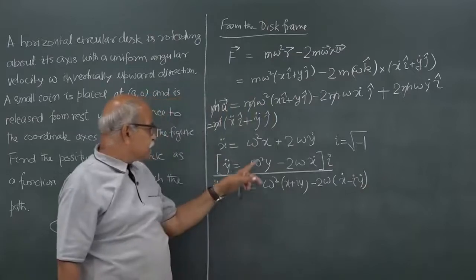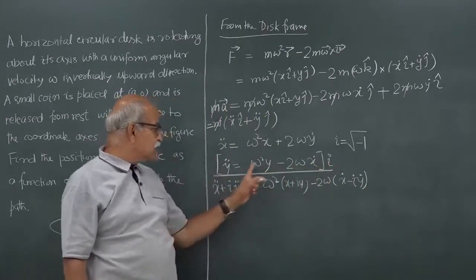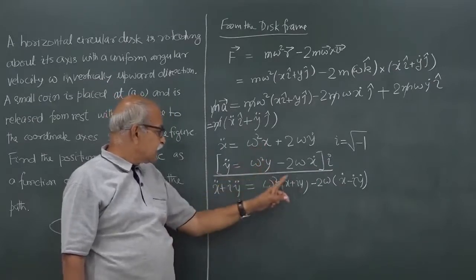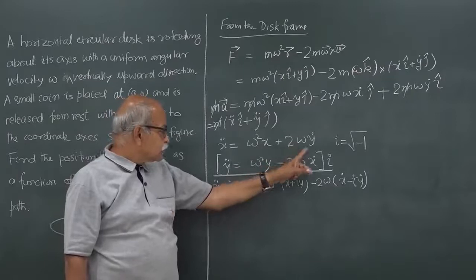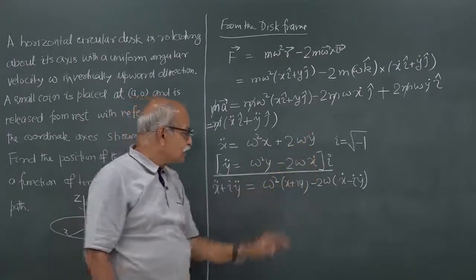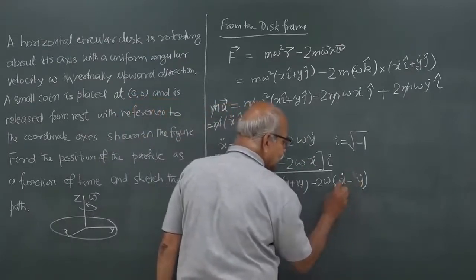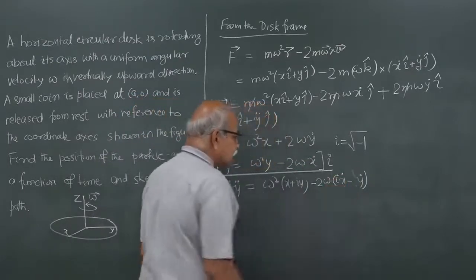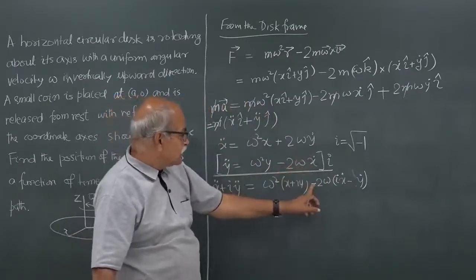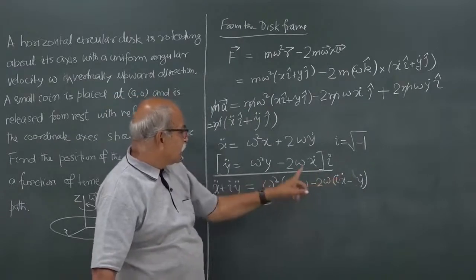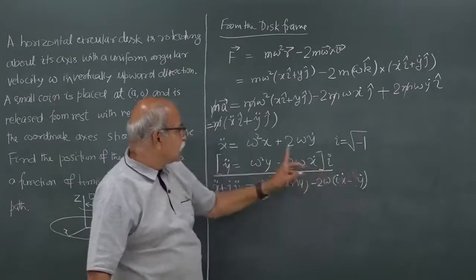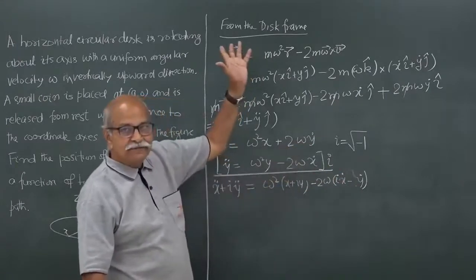Okay, so let us check. I have to multiply this whole equation by i. So this I have put i here, then this I have put i here, and here 2 omega y dot and minus x dot i. So this i comes here, correct. So we are adding minus 2 omega x dot i and minus 2 omega x dot i, then here it is plus 2 omega y dot plus 2 omega y dot.